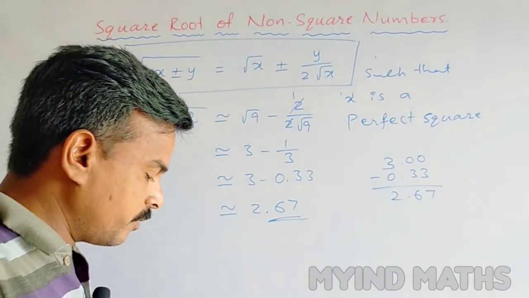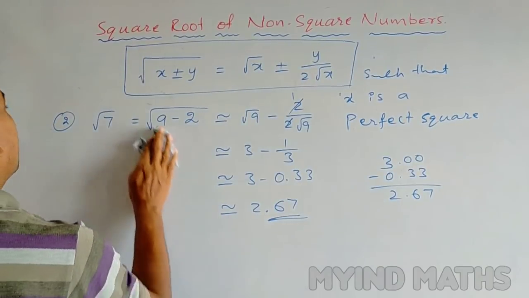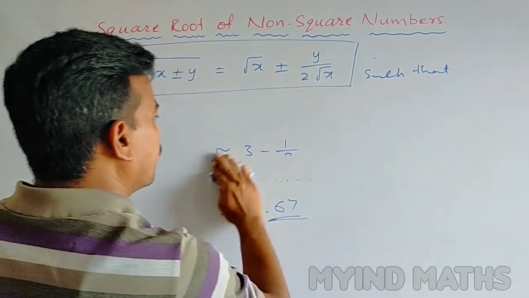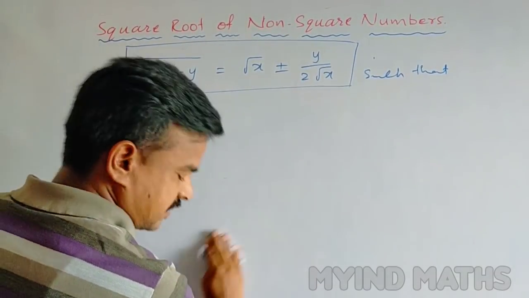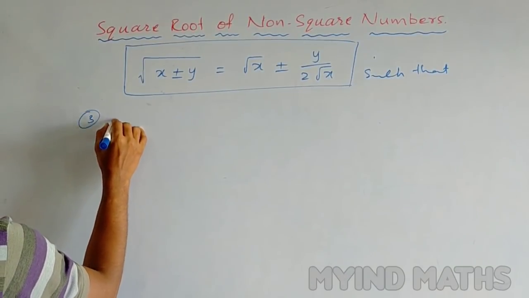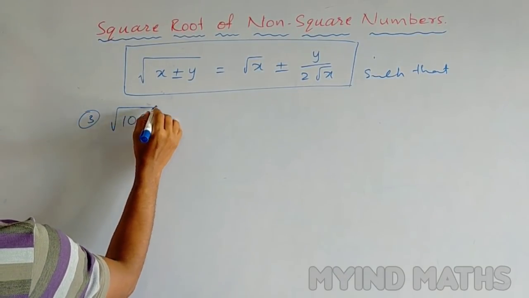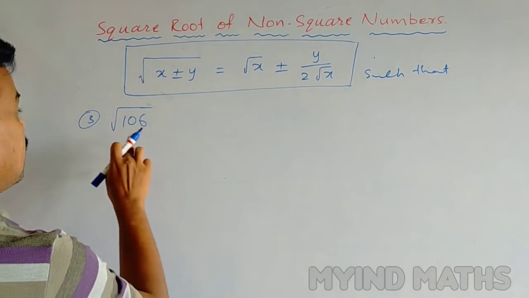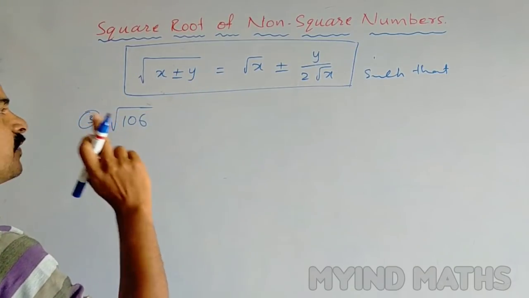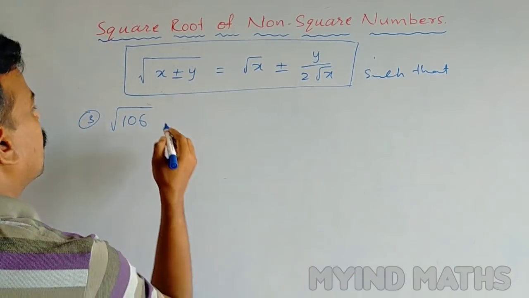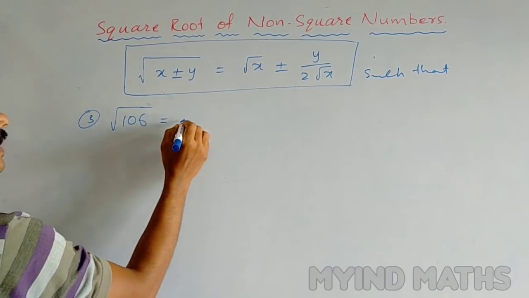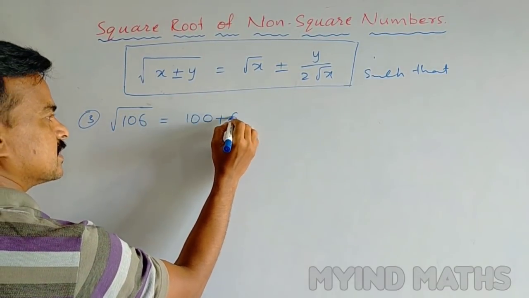Very simple method. Let us take another example, to see how it works for big numbers. Take square root of 106. This 106 can be written as x plus y, where x is a perfect square, so we write it as 100 plus 6.